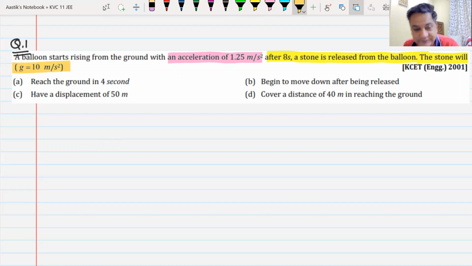Then there are 4 options. Let's see who gets me this one. Remember, all the questions are simple. g is to be taken as 10 meter per second square.